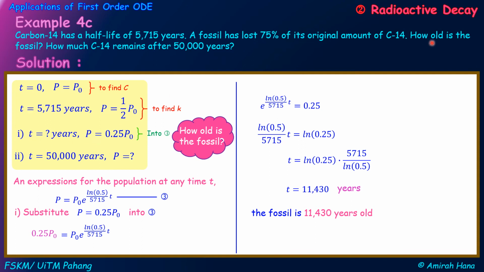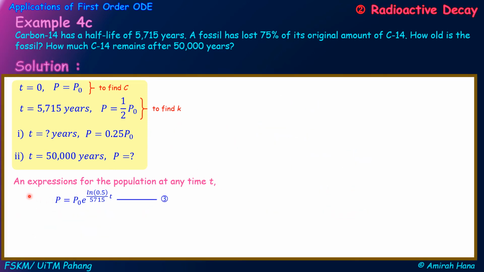Okay, for this question. From the previous slide, we get an expression for the population at any time t given by P equals P naught e to the power of ln 0.5 t over 5715, and we name it equation 3. Or we can write P equals P naught e to the power of t ln 0.5 over 5715.